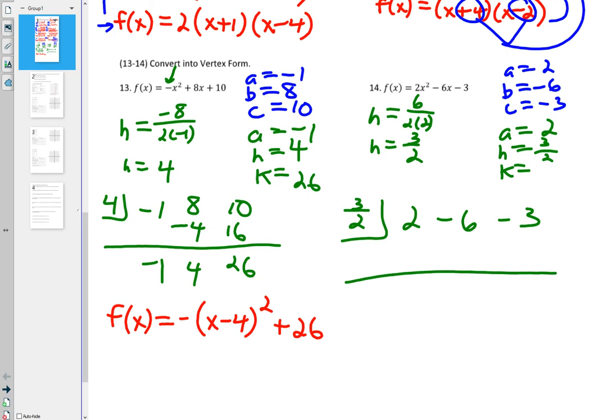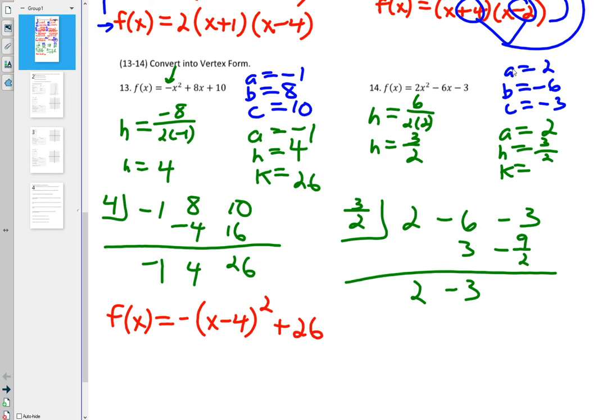So let's see, if I drop a 2, negative 3 over 2 times 2 is positive 3 over 2 times 2 is 3. Okay, then here I had a negative 3. Negative 3 times 3 over 2 is negative 9 over 2. And then, negative 3 plus negative 9 over 2. I'm doing it in my head.